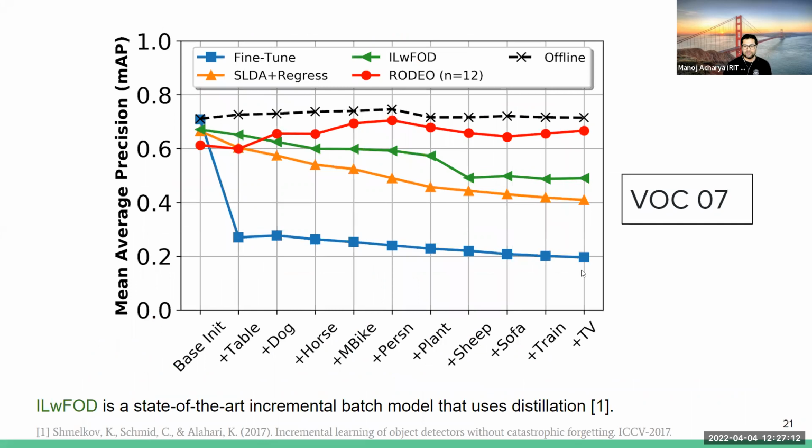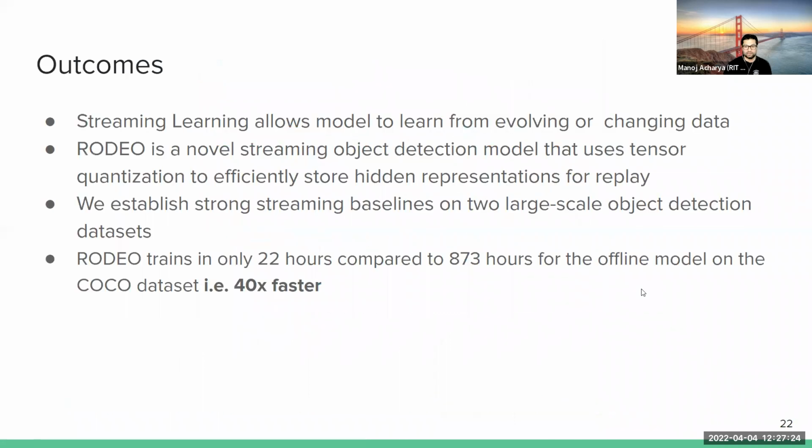Similar results for the VOC dataset as well, where we even beat a previous state-of-the-art incremental object detection model that uses distillation. So our streaming model is better than even those detection models.